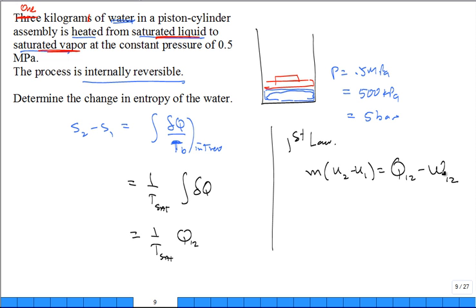Do you like that for a first law statement? Closed system, focus of the analysis is the water, and it's being heated. It's constant pressure. Can that be P times V2 minus V1? Can I combine these and get Q1 to 2 is equal to the mass times H2 minus H1?